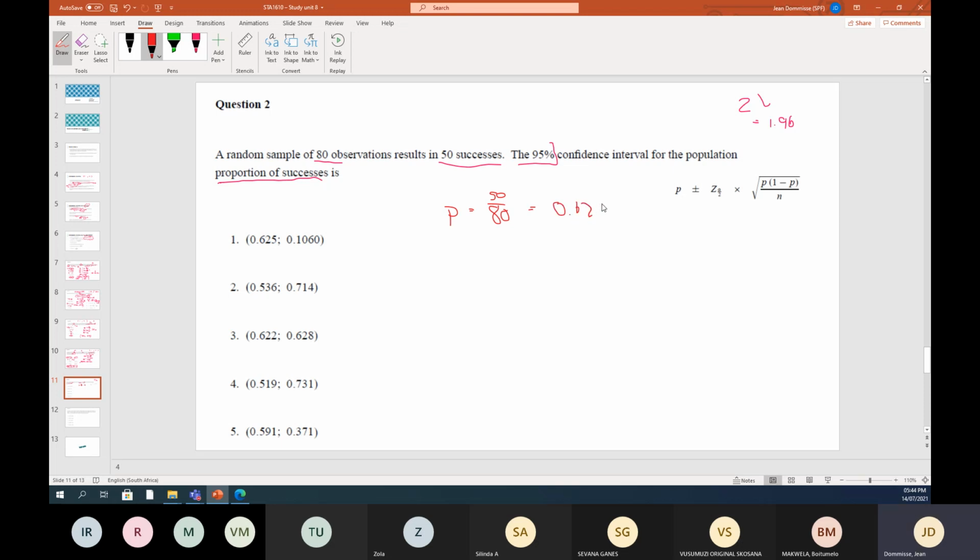Okay, so the same applies in this instance, that your upper confidence level will be more than 0.625, and your lower confidence level will be less than 0.625. So when we look at options, okay, so that one is wrong. So again, that was your mean.